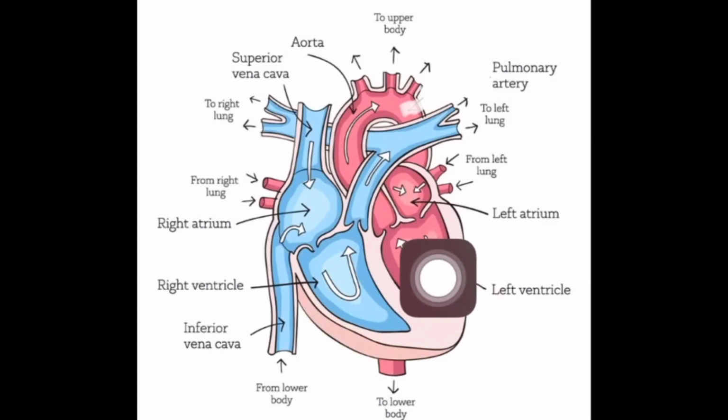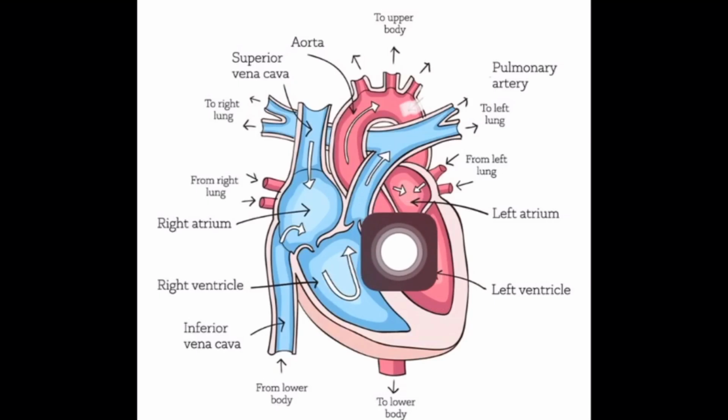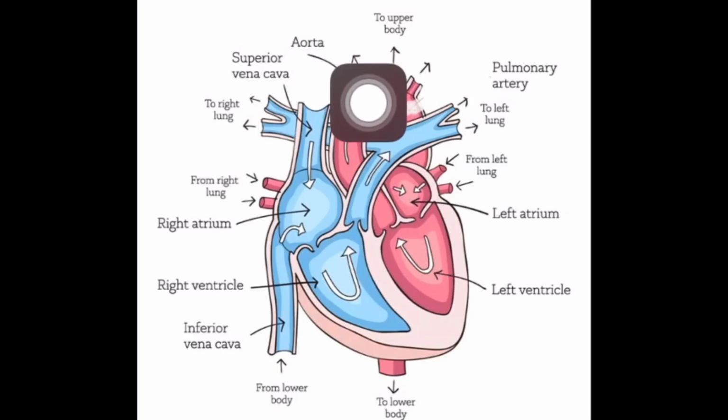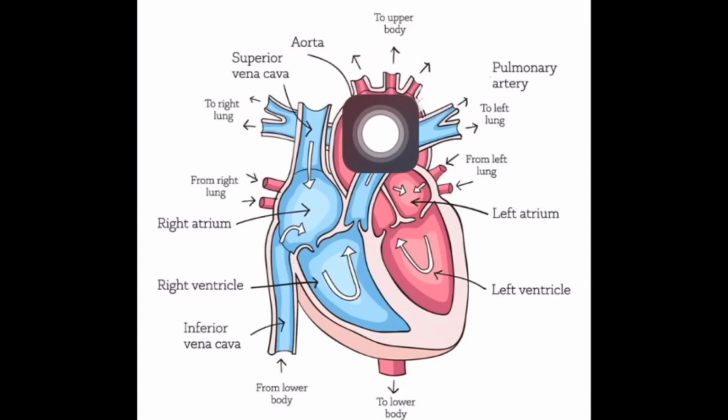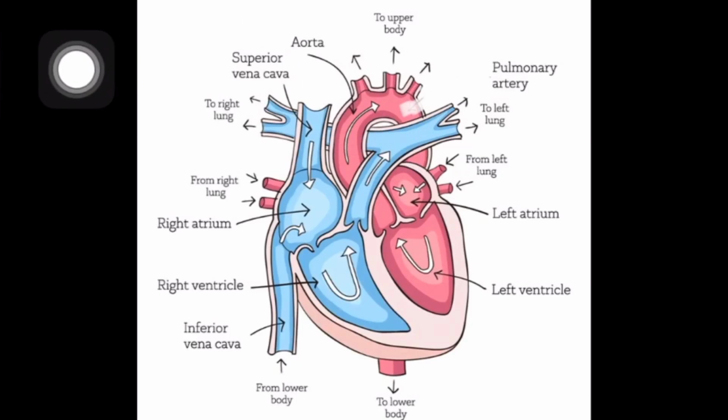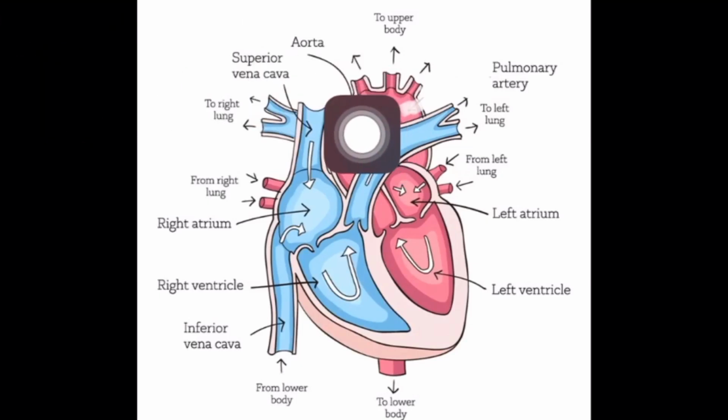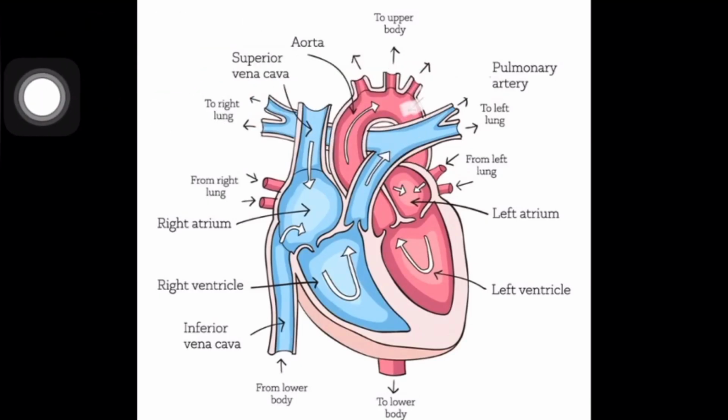After the collection of blood in the left ventricle, the aortic valve opens and the blood goes to various parts of the body through the aorta. The aorta is the largest of the arteries, and along these arteries the blood goes to various parts of the body.